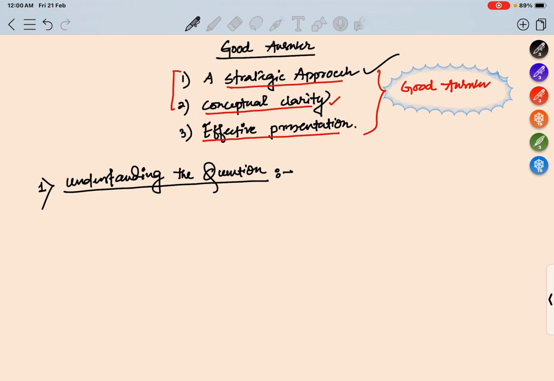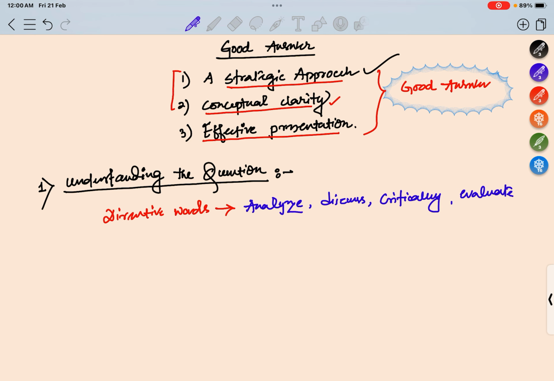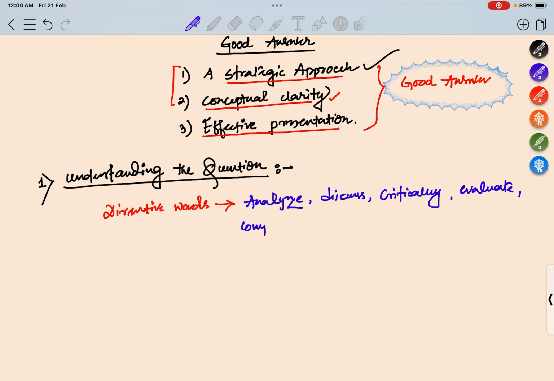In the questions, there are different directive words. For example, analyze, discuss, critically analyze, evaluate, compare, justify, etc. In every question, they will end the question like this.